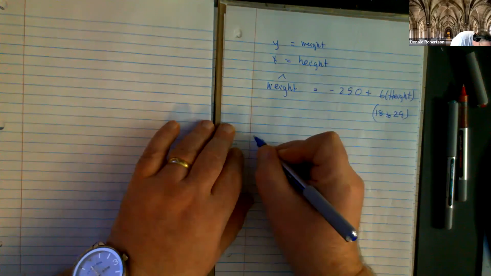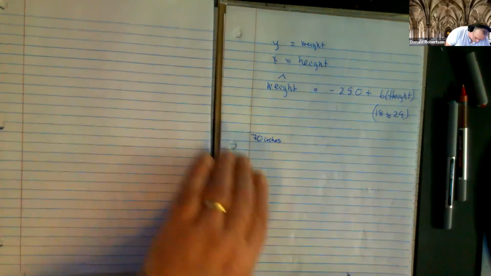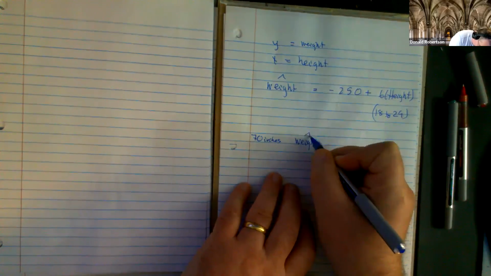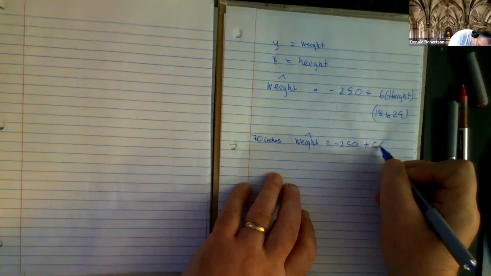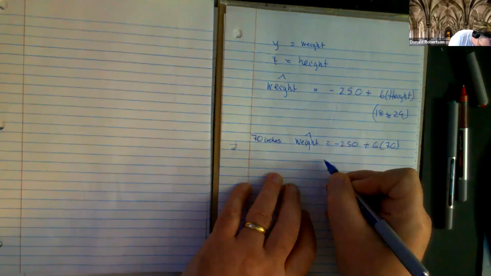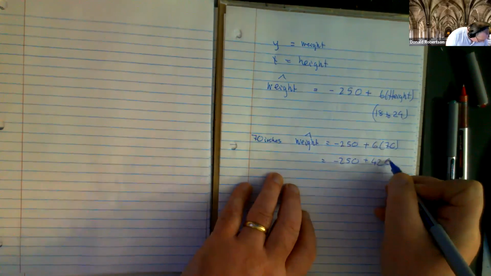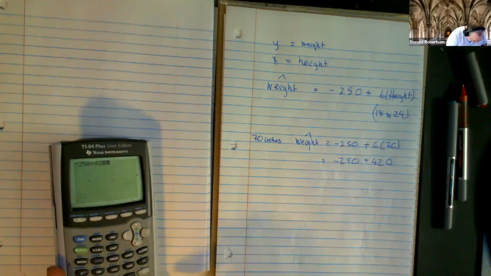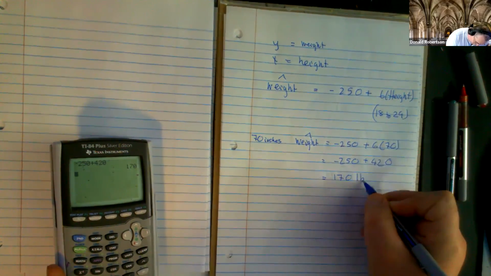So if you are 70 inches tall, which is a pretty tall person, then your predicted weight is negative 250 plus 6 times your height, which is negative 250, add 420, which gives 170 pounds.